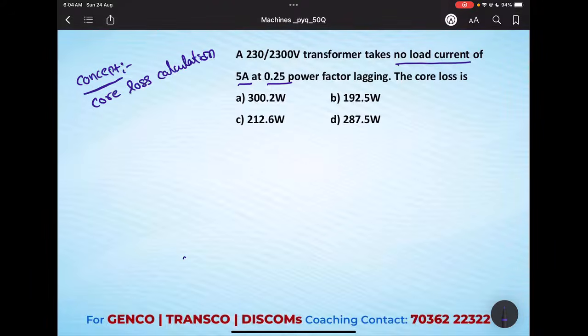If you see, at no load condition, what types of losses will come? No load copper losses and constant losses will be there. Constant losses are iron losses.